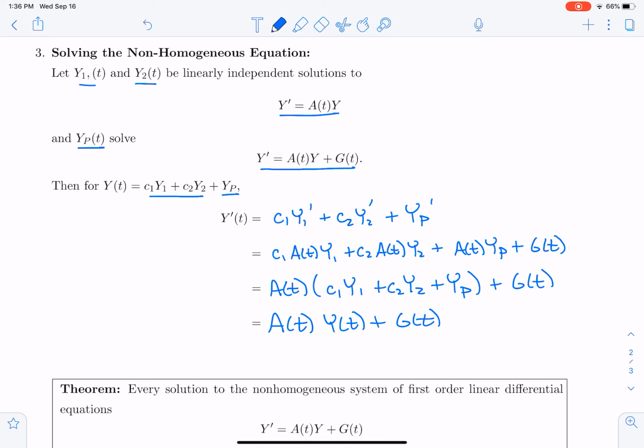So just like before, our solution is going to be formed by looking at a linear combination of the basis vectors that form the solution to the homogeneous problem, and then a particular solution.